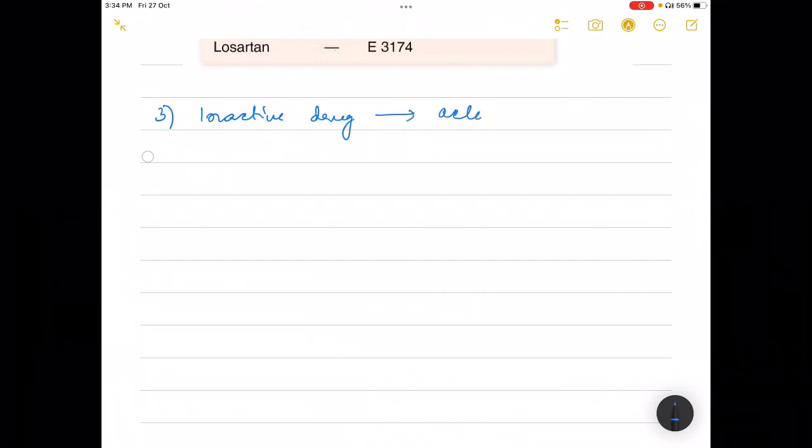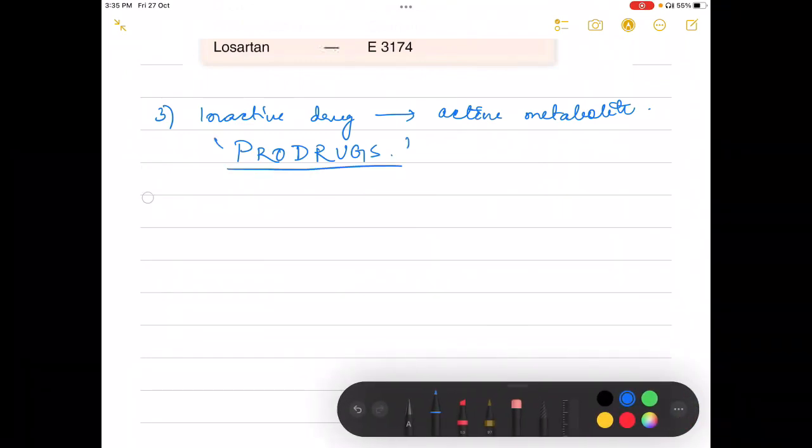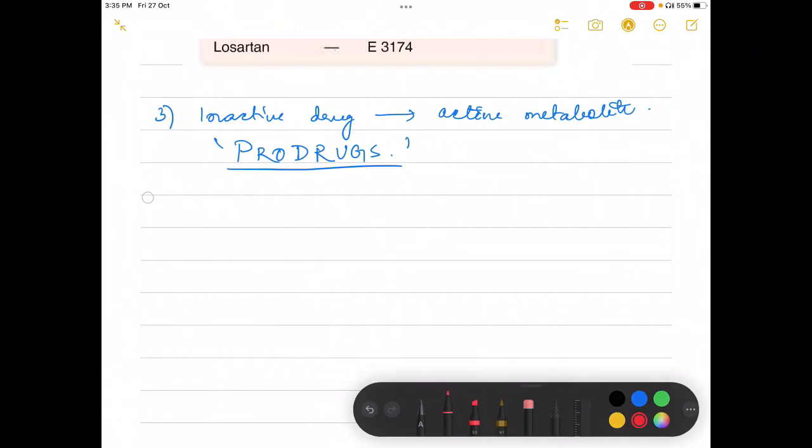Another thing is the third case in which the inactive drug is converted into active metabolite, or in other words, these are known as prodrugs. And these prodrugs, what is meant by this?